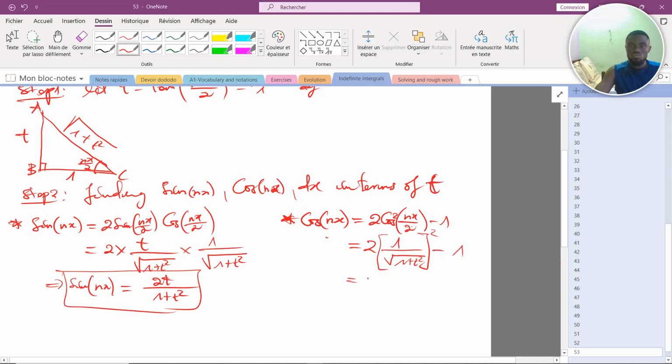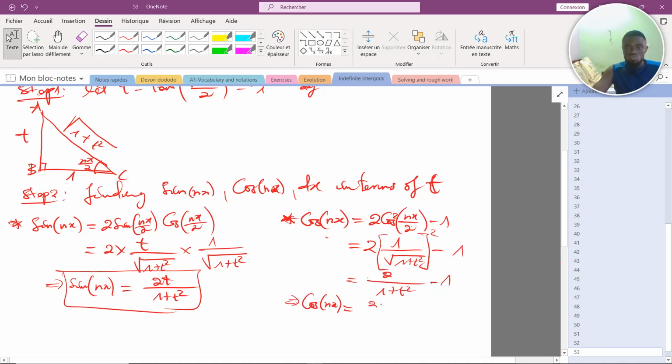This 1 squared is 1. So I'll have 2 on 1 plus t squared minus 1. So this implies our cos nx will be equal to what?